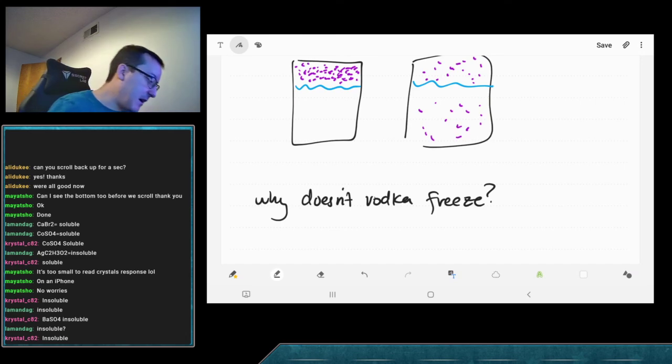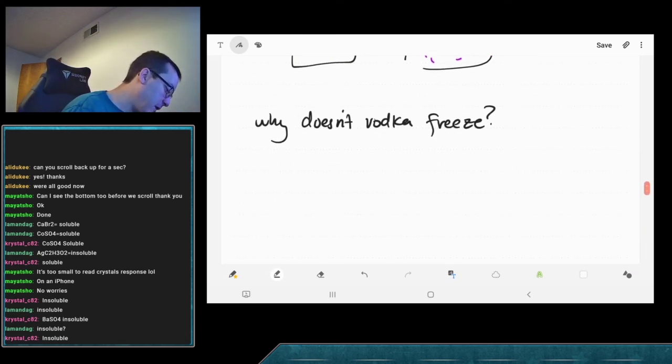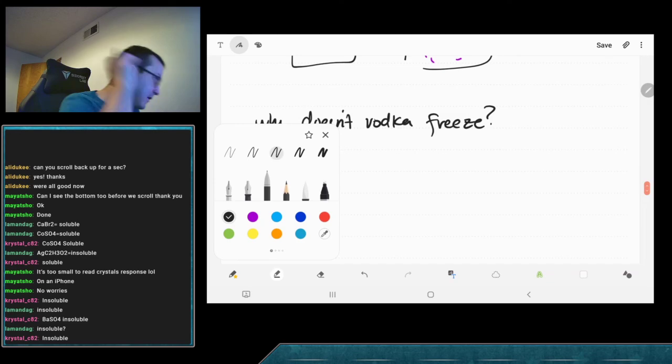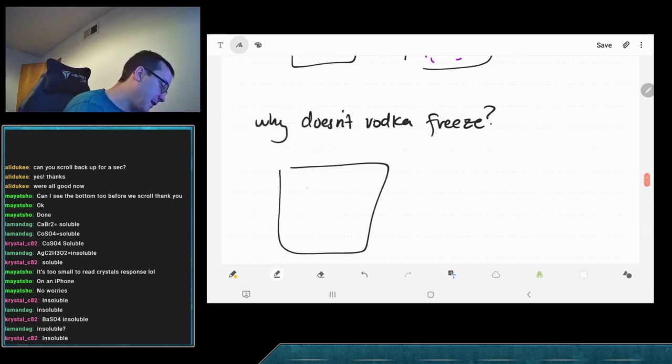We're going to see that because if you can imagine, as water molecules are trying to kind of get together, they're trying to make these nice orderly crystals. Aha, but look, here's the sodium.